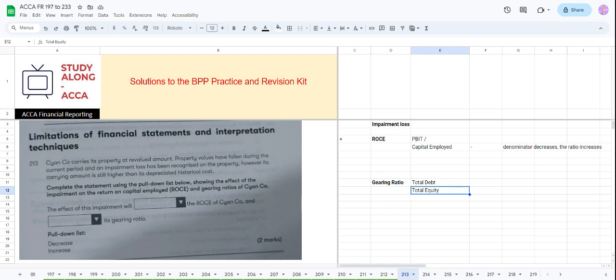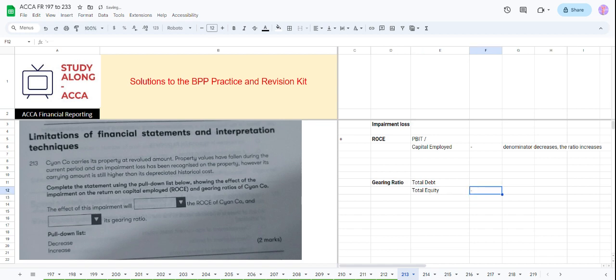It will reduce equity, because it goes to the revaluation surplus, and revaluation surplus is part of equity. So the impairment will reduce our equity.